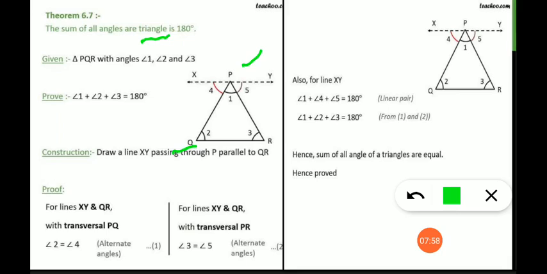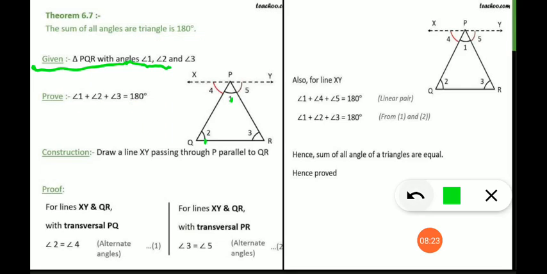So the figure we have drawn. Next we have to write the given. So what is given? A triangle PQR with angles 1, 2 and 3. Now what we have to prove? We have to prove that the sum of all angles is 180 degrees, which means angle 1 plus angle 2 plus angle 3 is equal to 180 degrees.